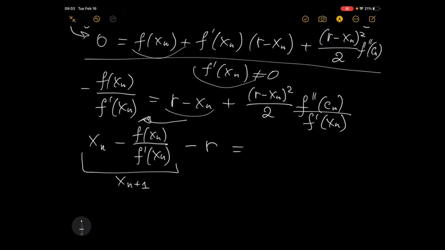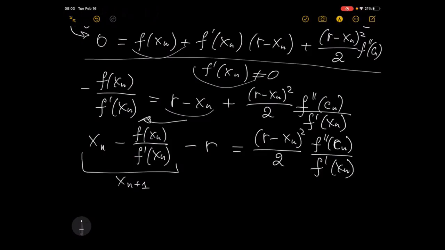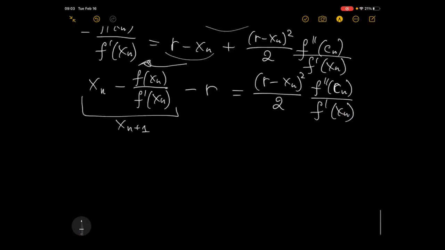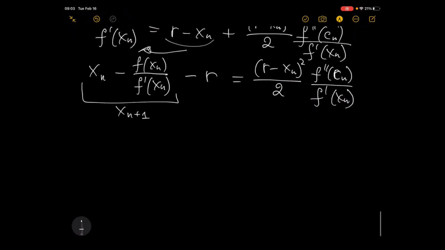And here we have (r minus xn) squared divided by 2 f prime of cn divided by f prime. So how can I write it?